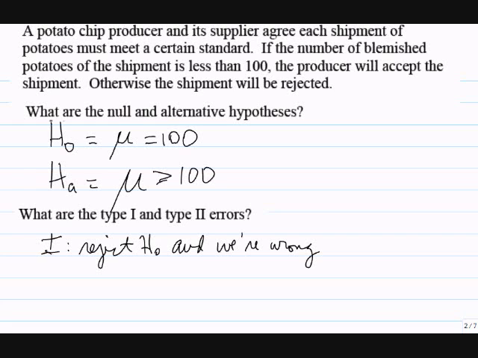So if I reject the null hypothesis, I reject the shipment. But I shouldn't have. The potatoes were fine.